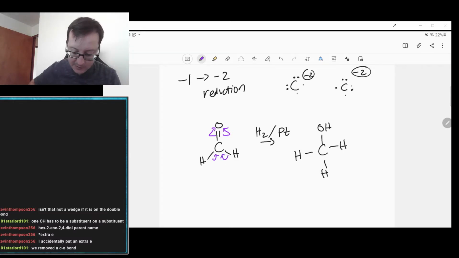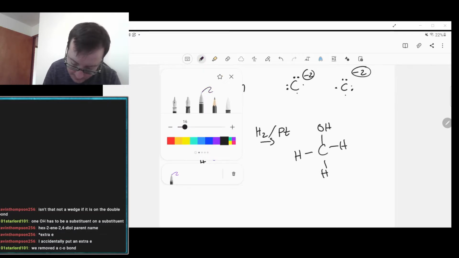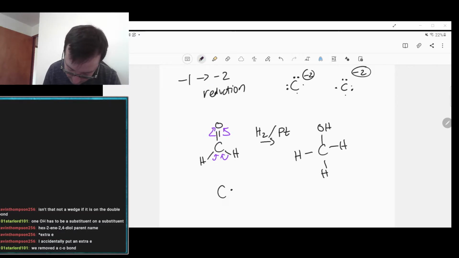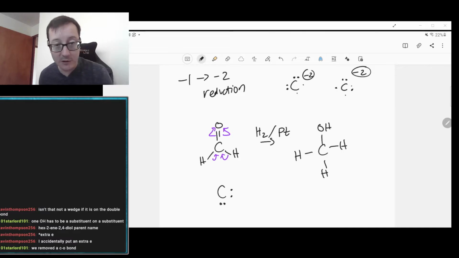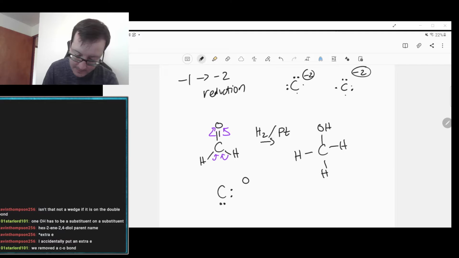So oxygen is more electronegative than carbon, but carbon is more electronegative than hydrogen. So we see here we end up with carbon with 4 electrons, that's 0 as its oxidation number.